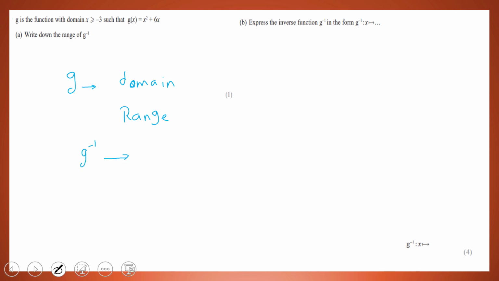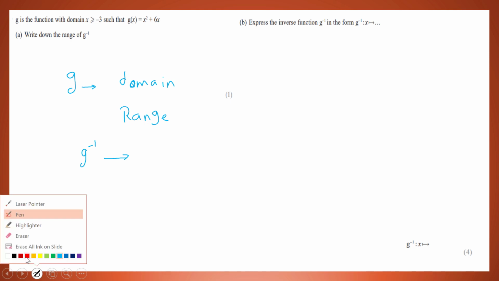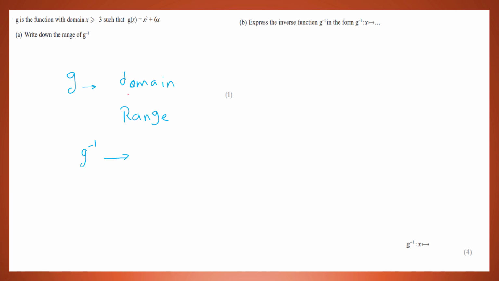The domain for g is the range of g inverse, and the range of g is the domain of g inverse. So it's like an inverse operation. The domain of g will be the range, and the range of g will be the domain. So it's like an inverse relationship.